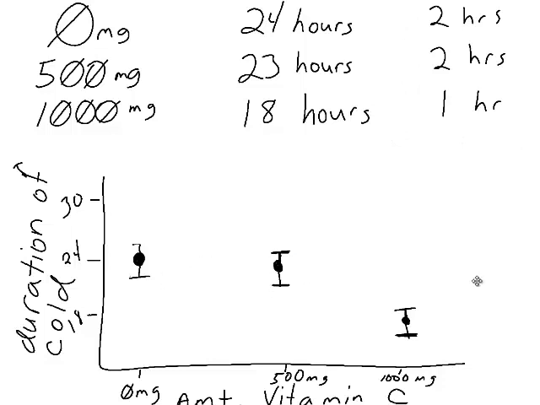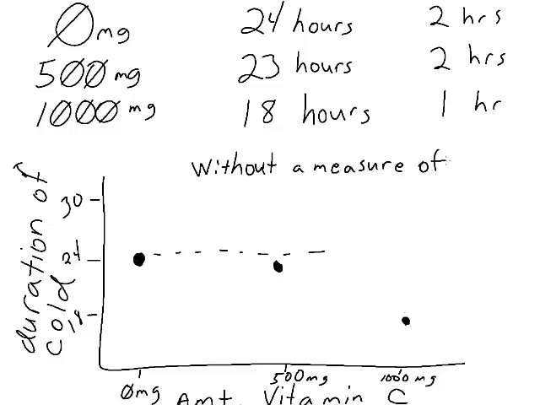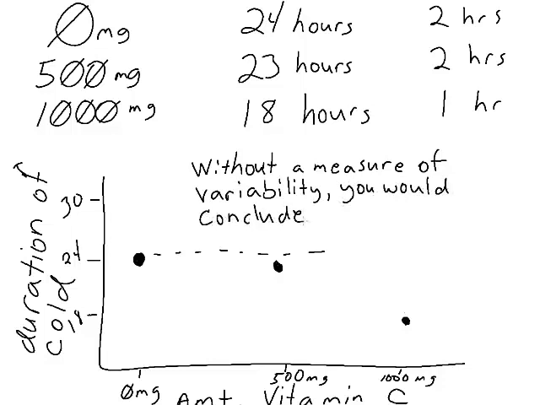If there are no error bars or some other indication that measures how variable people responded in those colds, you're not going to know if those are really different or not. Okay? So, you can see here where we've got it. If these two error bars are overlapping, this data is probably not going to be different from each other.